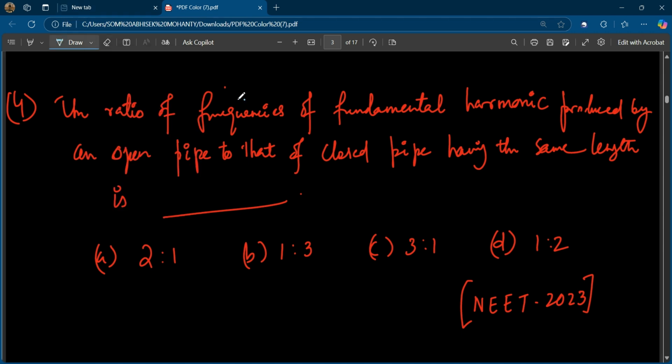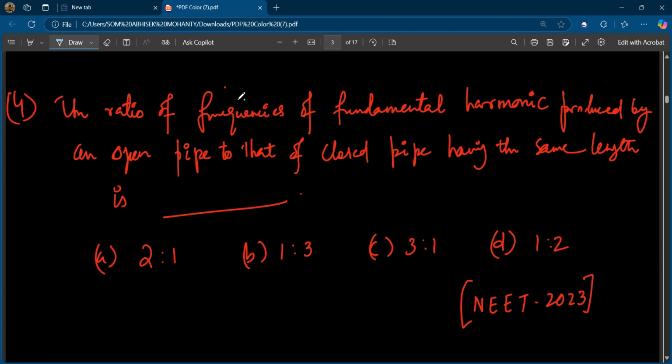So the ratio of frequencies of fundamental harmonic produced by an open pipe to that of a closed pipe having the same length is... The ratio of frequencies of fundamental harmonic produced by an open pipe to that of a closed pipe.